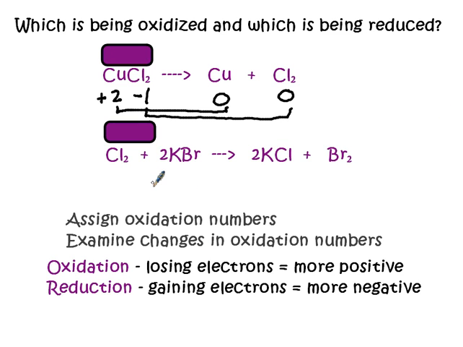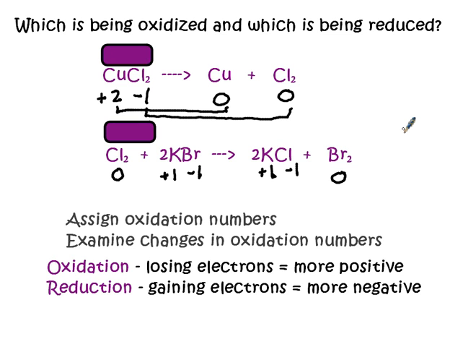And then down here, for the last one, this is a single replacement reaction involving halogens. We know that this chlorine's got to be a 0 because it is a pure element, and this bromine's got to be a 0 for the same reason. Potassium is a monoatomic ion, so it's going to be equal to its charge. And so is bromine and chlorine, both monoatomic ions, plus they're halogens, so they tend to be -1s.